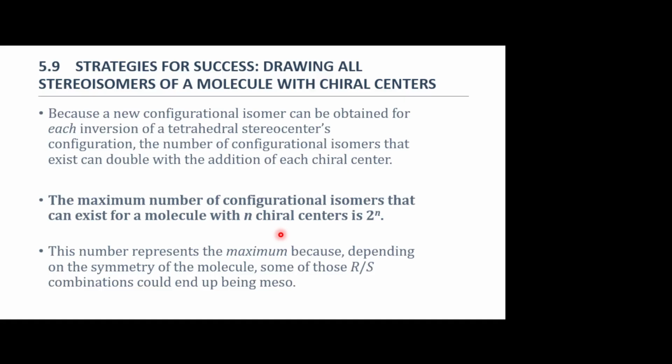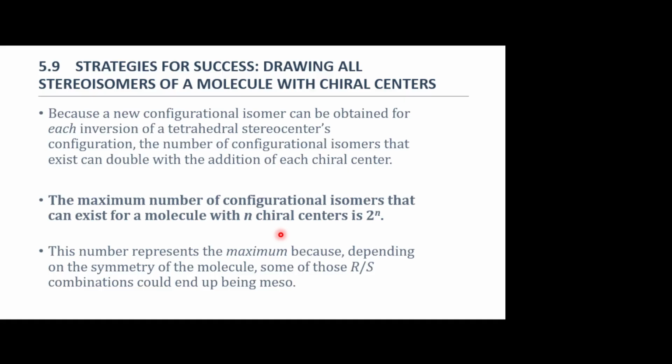So this number actually represents the maximum because it does depend on the symmetry of the molecule. For example, I have right here a point where I have symmetry, don't I? And so if I flip all of my stereocenters, I actually end up with an exactly symmetric molecule, don't I? I end up with a superimposable mirror image, not an enantiomer or anything.